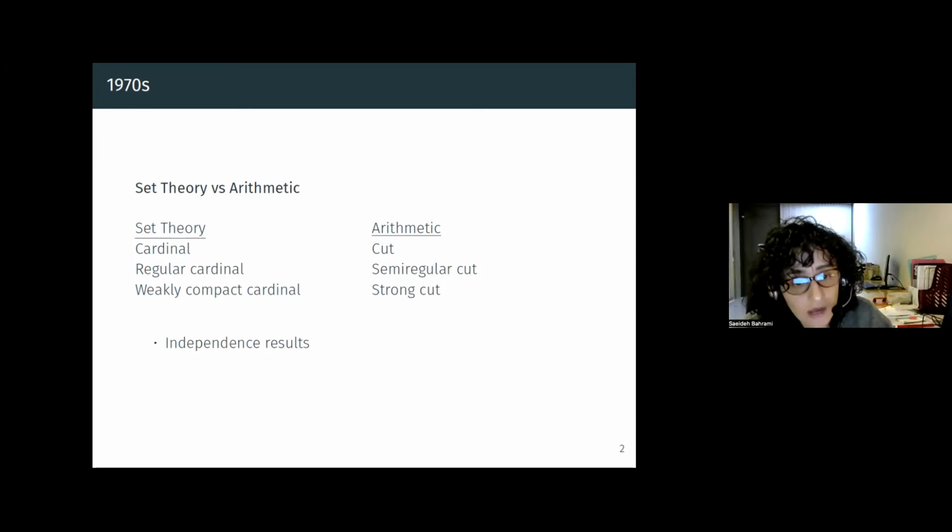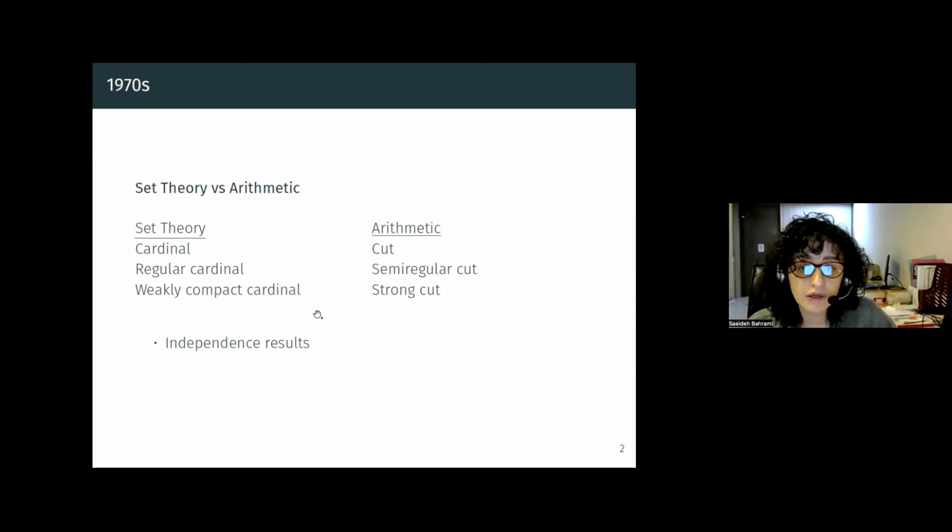By looking at it this way, the most important results that are achieved are independence results, finding first order properties which are independent from the theory that we are investigating.